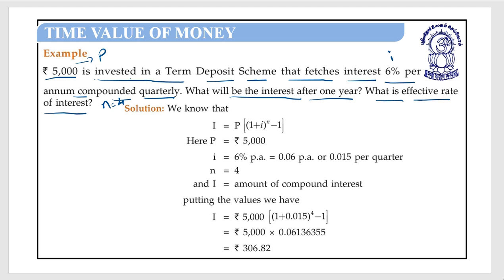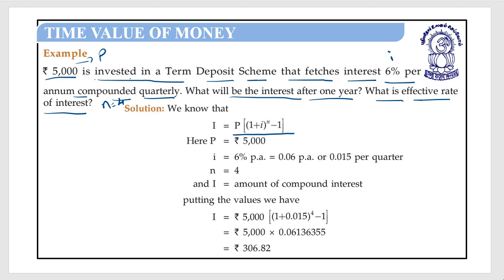For the interest, we know that I is equal to P in the bracket 1 plus i raised to n minus 1.